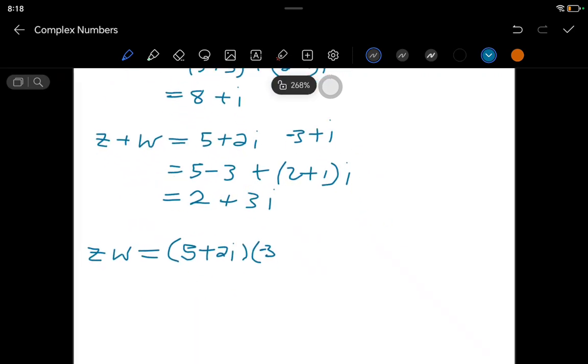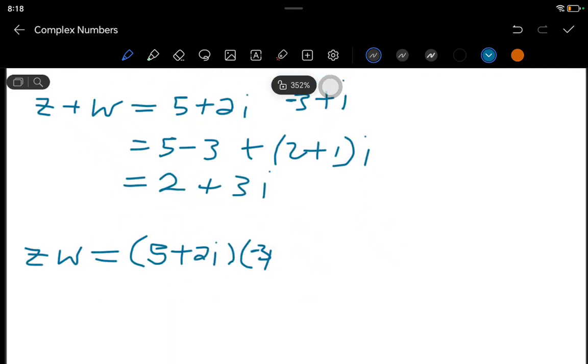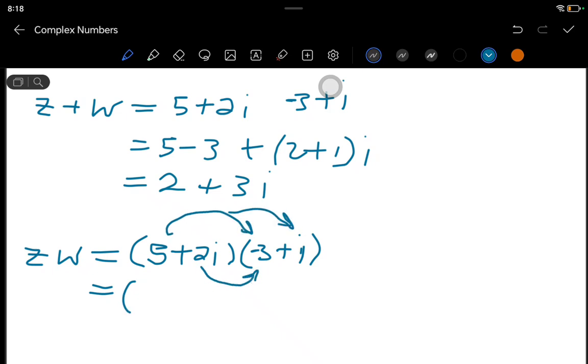When we multiply, we multiply this with this, also with this one. Again, this with this, also with this one. This is just going to be minus 15 plus 5i minus 6i plus 2i squared.